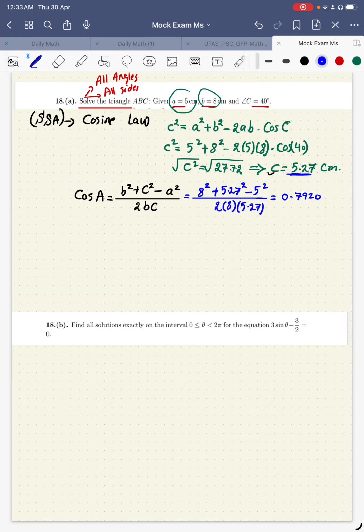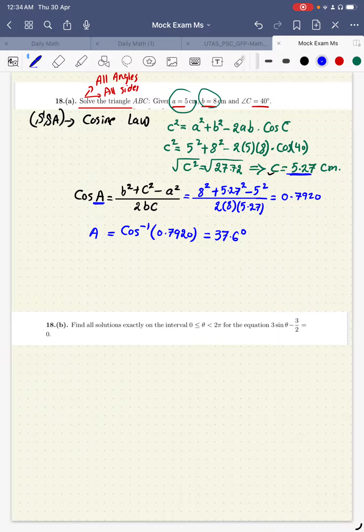It will be 0.7920. So how do I find the angle A here? I just need to use the inverse cosine, or arc cosine, or shift cosine. So I use shift cosine and write 0.7928, and that gives me A. If I use the calculator again, it gives me 37.6 degrees.